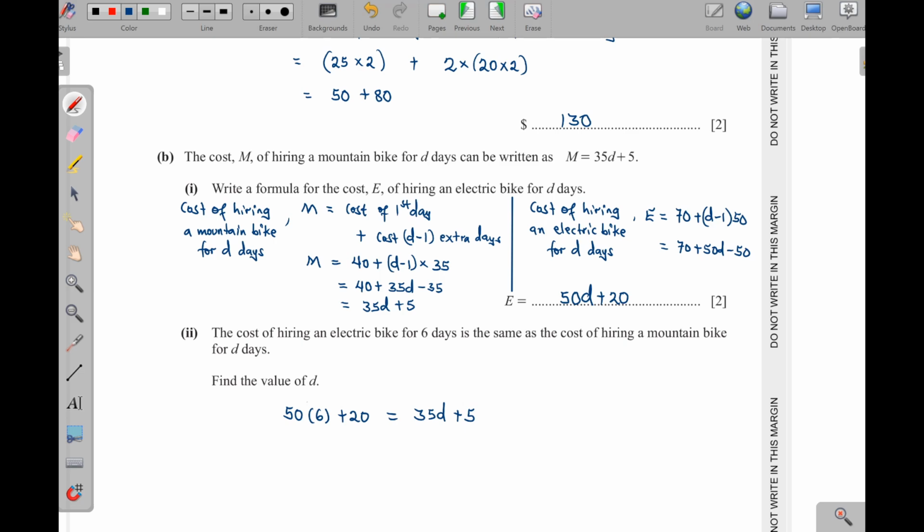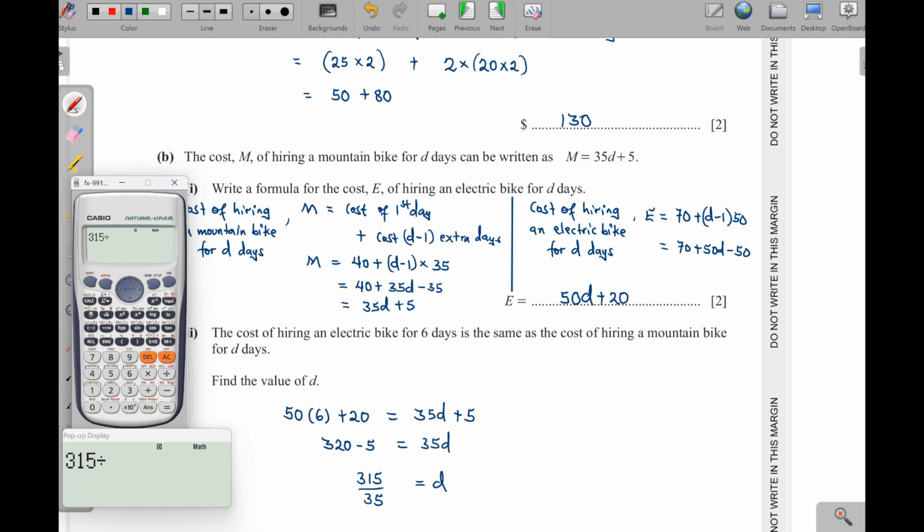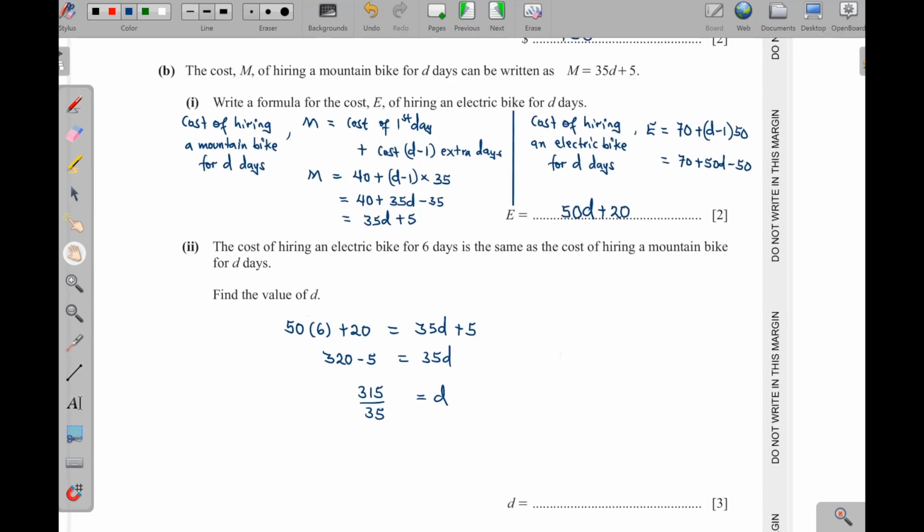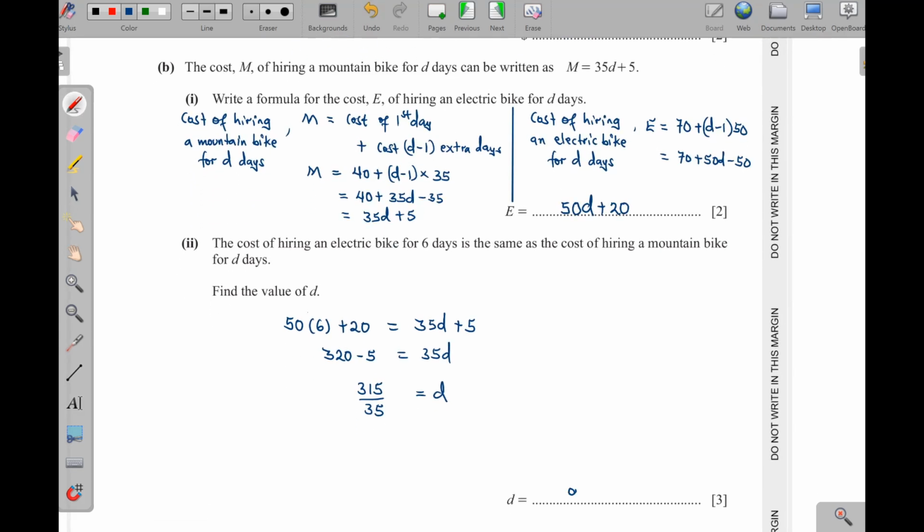Okay, now we make D the subject. So this is 300 plus 20, that is 320. Then bring the 5 here, it is a minus, then 35D. So that means D is going to be equal to 315. Then we divide by 35. Then what do we get? 315 divided by 35. That is a 9. Okay, so our answer therefore becomes 9.